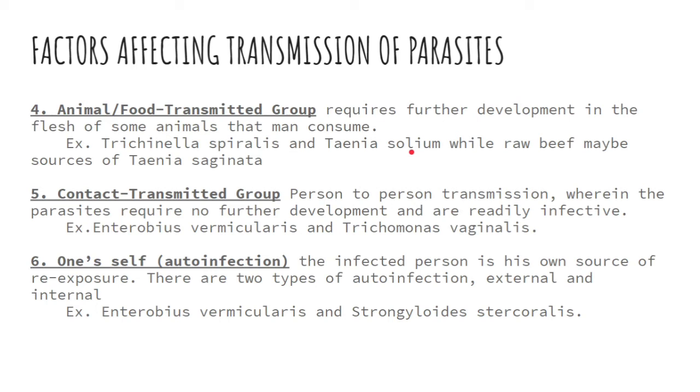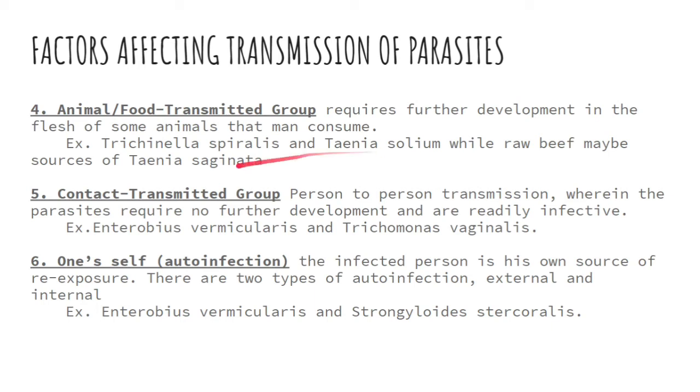While the Taenia saginata, most of the time, sources niya po is raw beef. So, kung kayo po medyo mahilig kumain ng mga raw, yung mga kulang sa luto na pagkain, be careful because those raw na mga food consumptions can harbor parasites po.